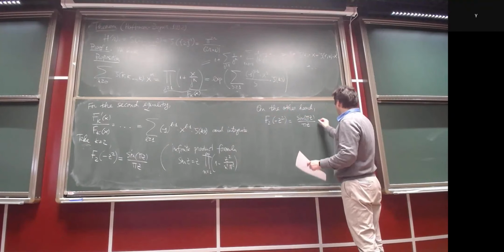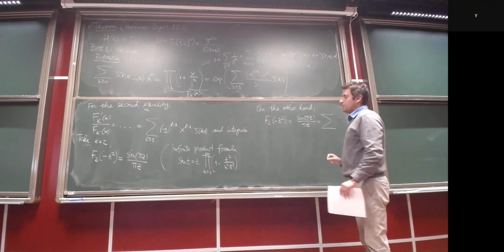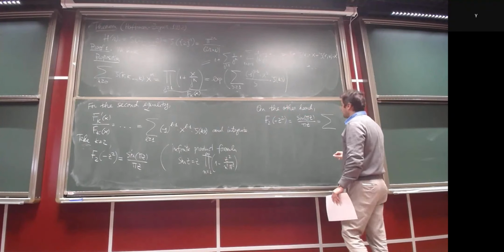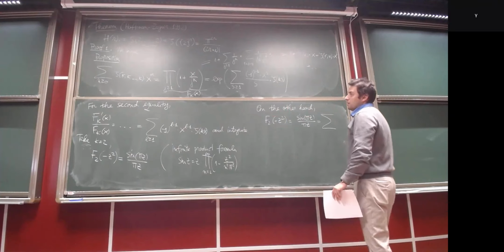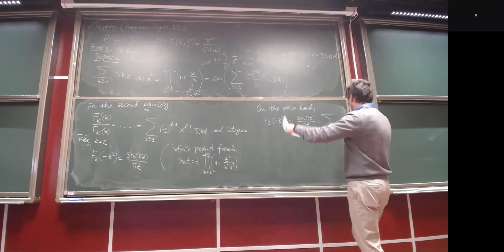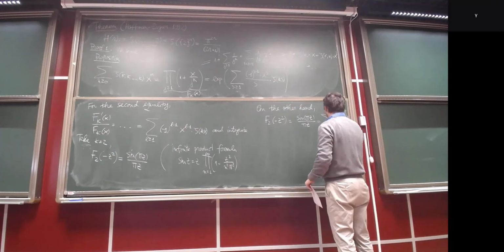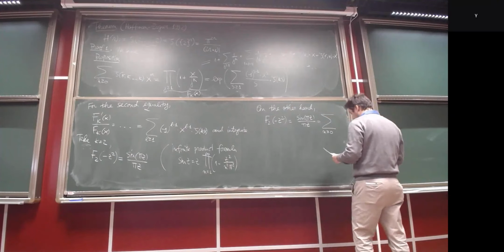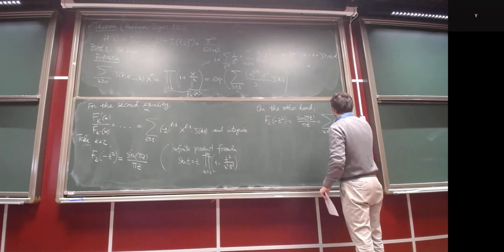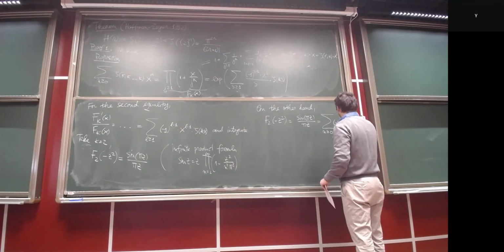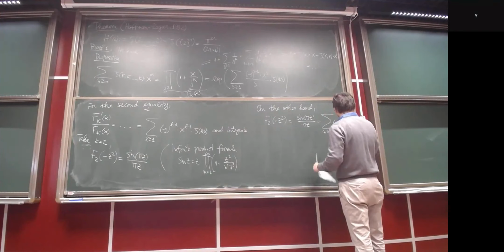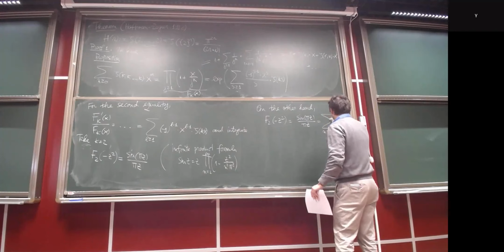And this will be the sum over n from 0 of negative 1 to the n times, let me write it here.